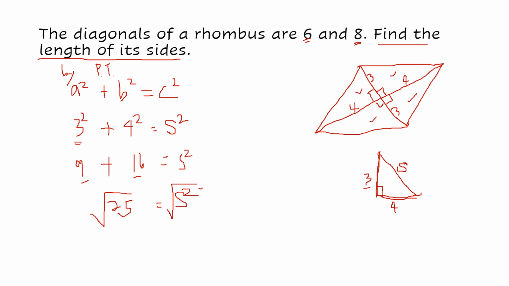So the square root of 25 is 5, and the square root of s squared, of course, since square and square root are inverses, they cancel each other out. So what has remained is only s. So s is equal to 5. Therefore, the length of the sides of a rhombus is 5. And that's the answer.